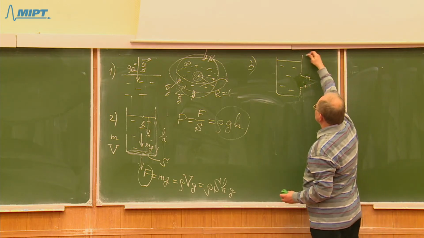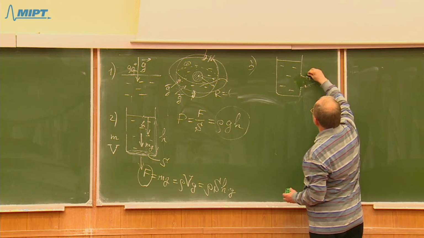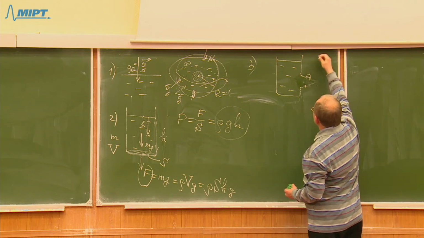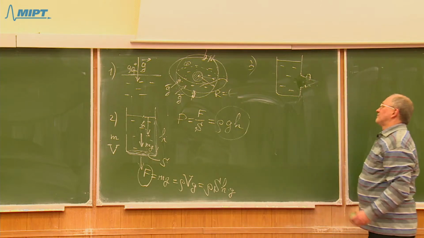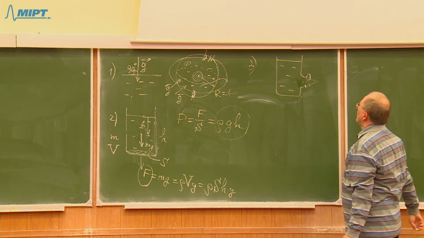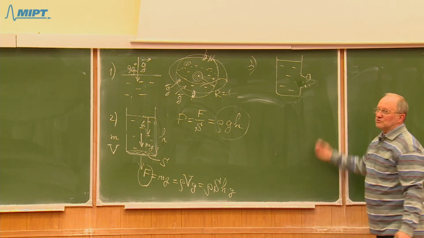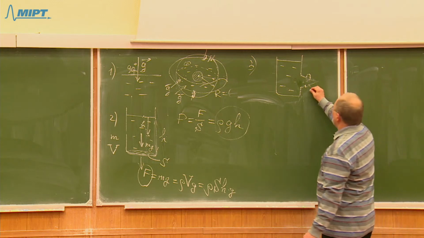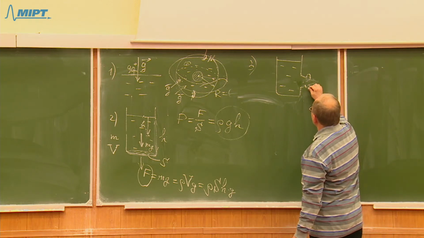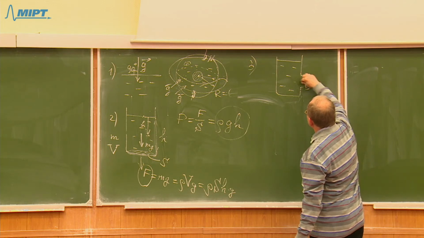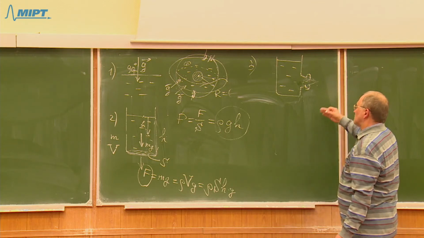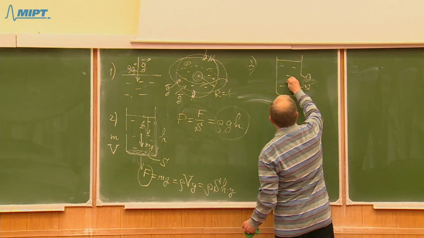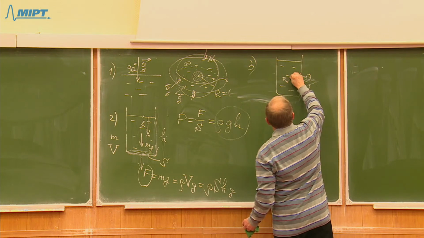And always after filling the vessel with liquid, you will observe that the rubber membrane is bulging out, creating such a concave surface or convex surface, depending on where you look at it from. So each membrane will bulge outside, indicating that there is pressure in this direction. Whatever direction you choose, there is a pressure in this direction. So pressure inside liquid is directed everywhere, in any direction.